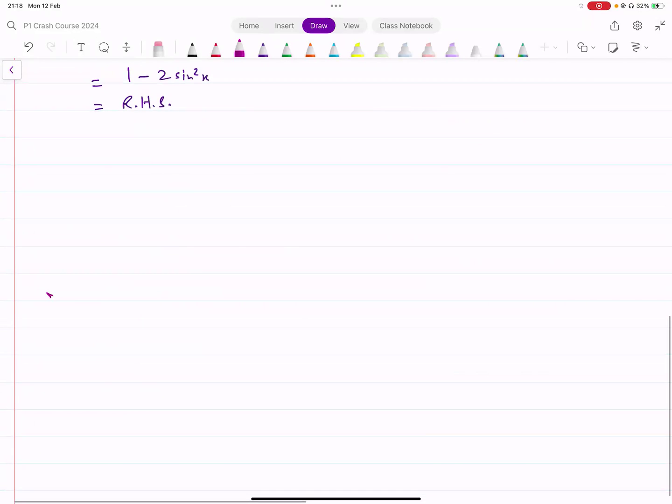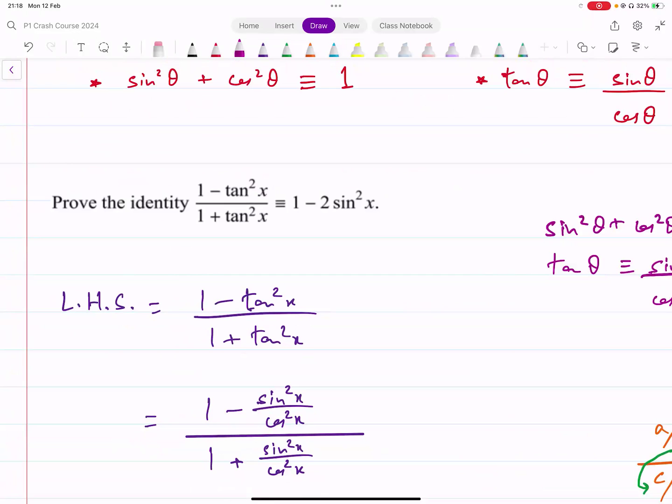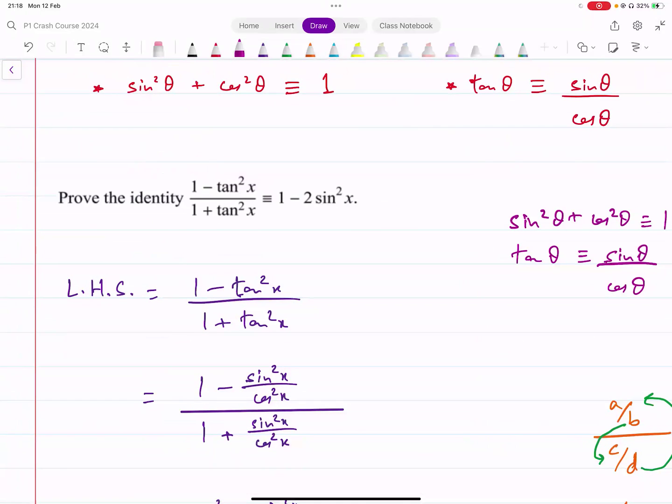So number one, how do you choose which side to start from? Generally, as I said, you will be starting from the left side. Mostly they give identities in a form that starting from the left-hand side is going to be easier. So mostly you'll be starting from the left-hand side, but that's not always the case. Sometimes starting from the right-hand side is more efficient.